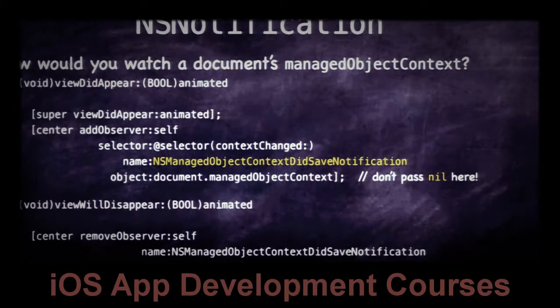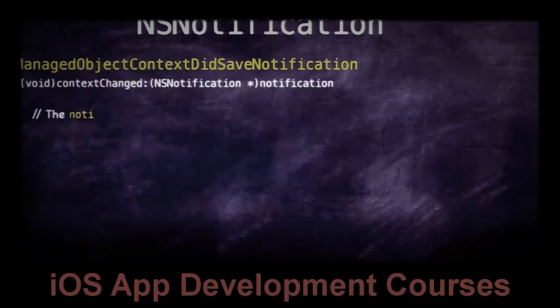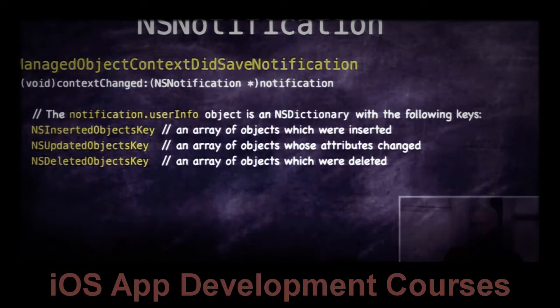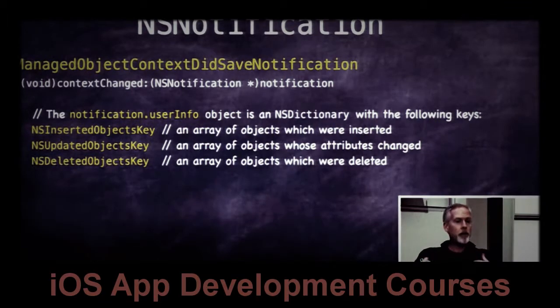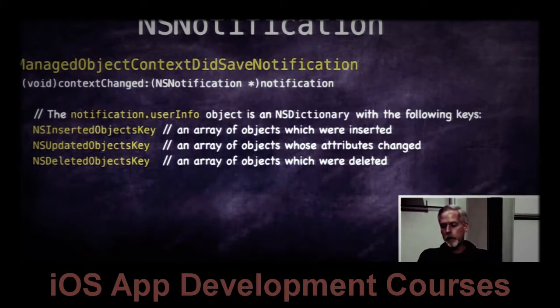So whenever that other document autosaves, it's going to get an NSNotification saying it changed, and I'm going to call this method contextChanged or whatever. What would I do when that happens? Well, two things. One, I could just refetch all my objects. I know the database has changed, so I'll just refetch them all. We haven't talked about fetching, but I could refetch and get a fresh set of everything.